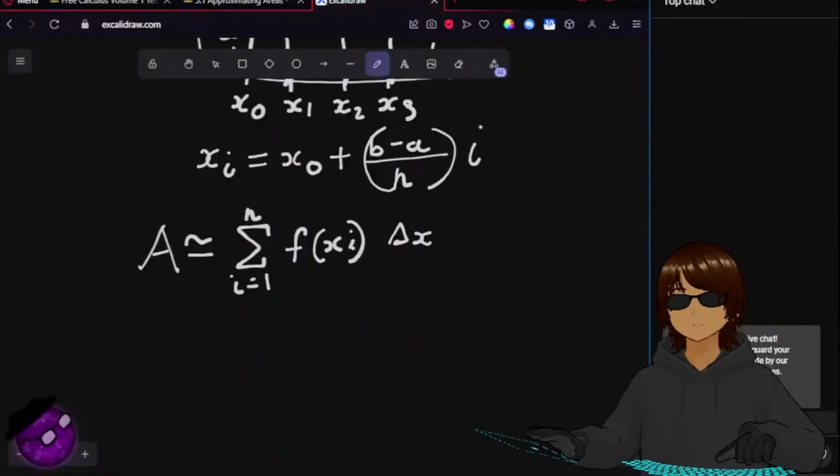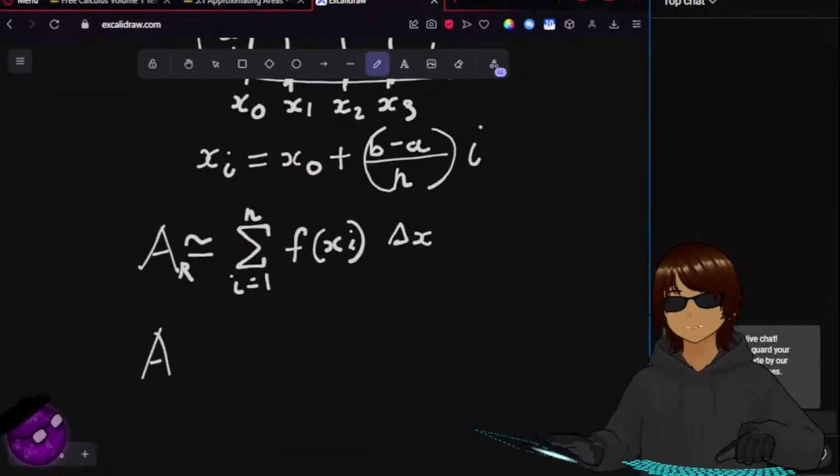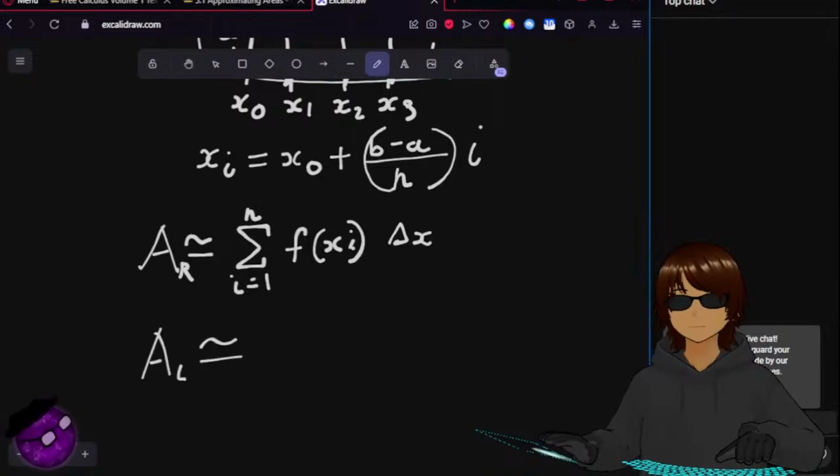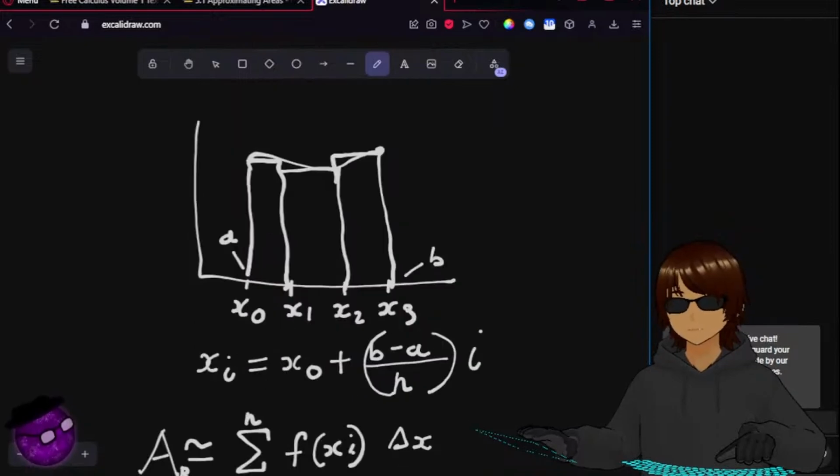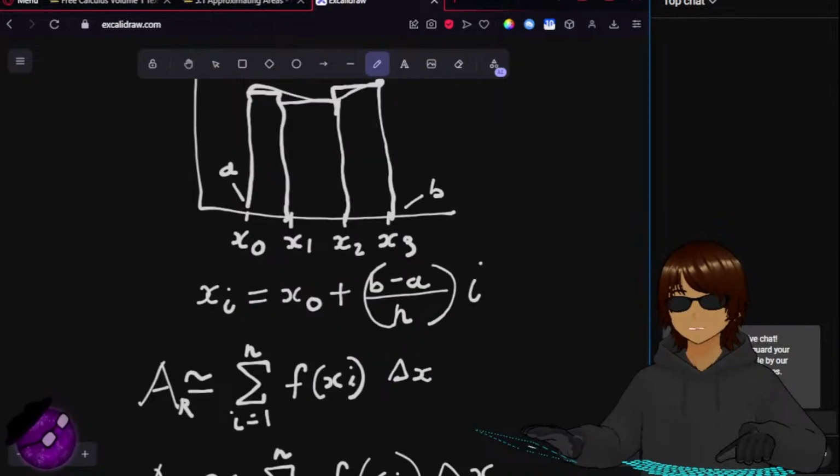So this is the area using the right endpoint, and the area using the left endpoint would be n, but this time it's starting with 0. So 1, 2, 3, 3 intervals, and then f of xi, where i is 0, times the interval.